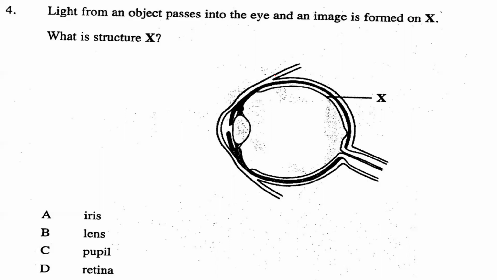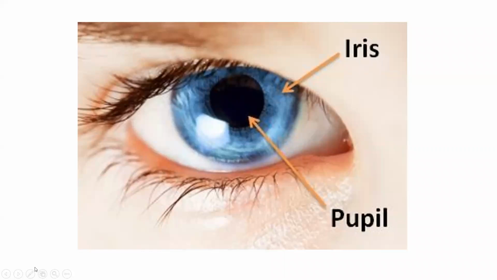What's the color of your eye? Do you know what color your eye is? Dark brown? Light brown? Okay. When you talk about the color of your eye, you're actually talking about the color of your iris.